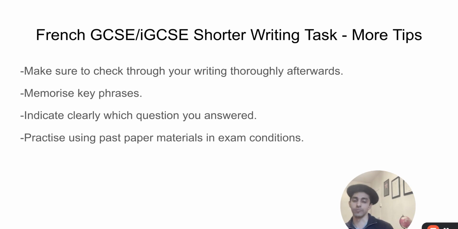You're just memorizing a bunch of phrases that already include the subjunctive, for example. So you're still able to put the subjunctive into your writing or your speaking as well. This works for the speaking exam too, and still boosts your marks without having to practice and revise the subjunctive itself in a lot of detail. So that's something I hugely recommend.